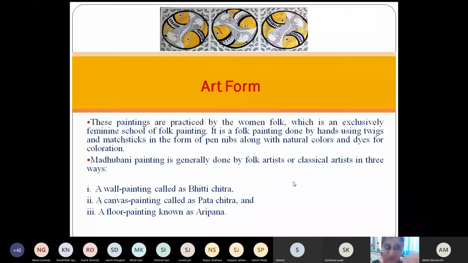Rather, it is a form, and it is called Pattachitra because it is done on canvas. Apart from that, there are two more types. One is Bitti Chitra. Whatever Madhubani paintings are done on the wall are called Bitti Chitra. And the floral painting known as Aripana.